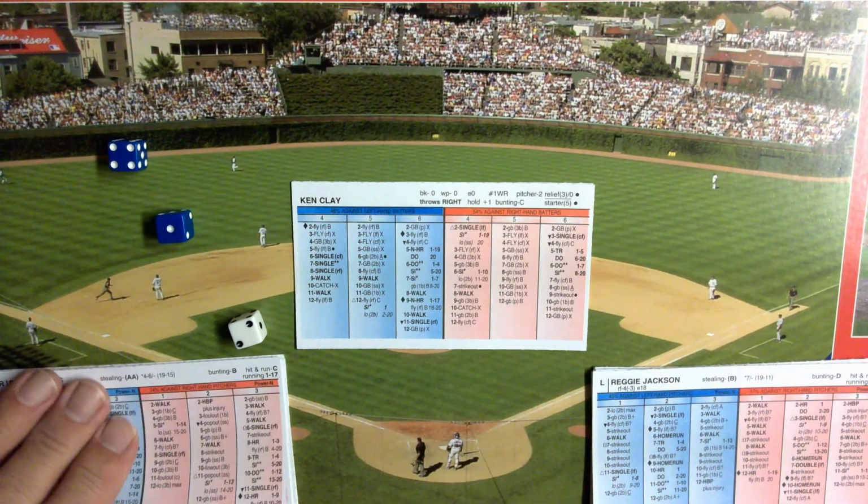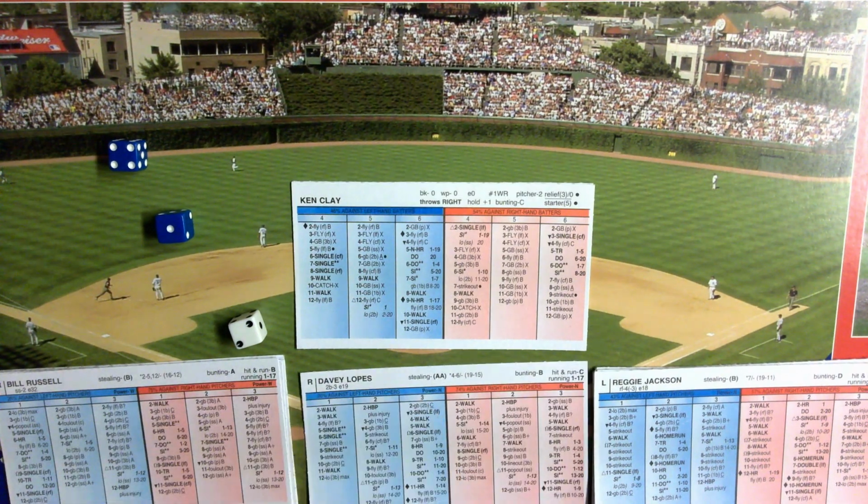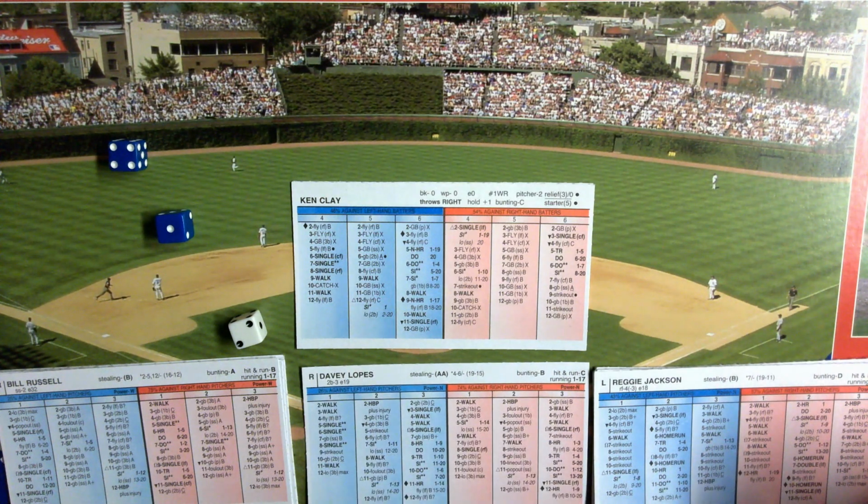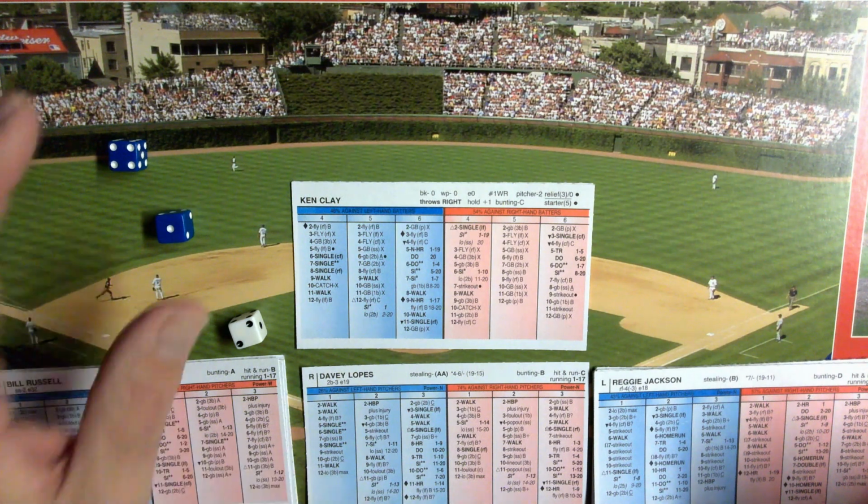Alright, top of the Dodgers order. Ken Clay remains on the mound. This will probably be Clay's last inning, given how his relief power of weakness numbers work out. So Lopes is up. Lopes is 1 for 2 with a walk in the 2nd and a double in the 1st.